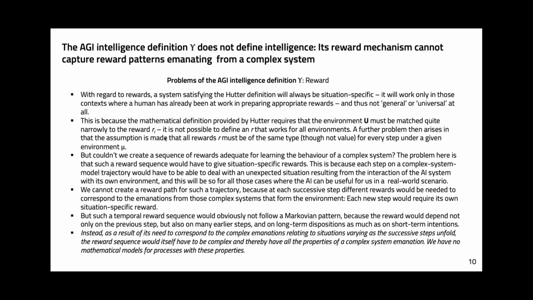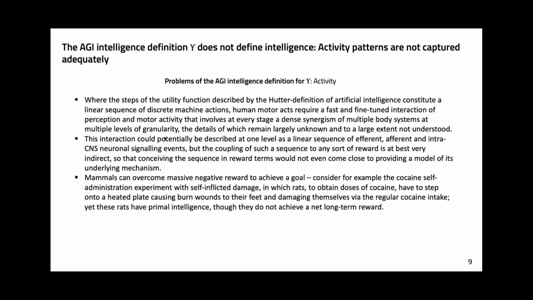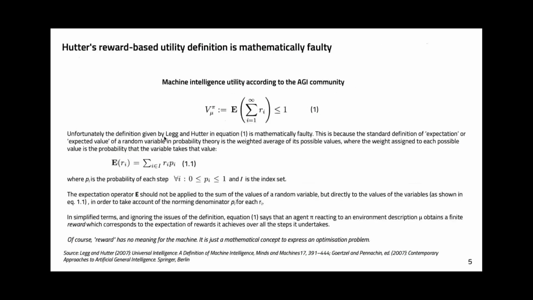Also, a further problem arises in that the assumption is made that all rewards of one agent must be of the same type for every step under a given environment. So if we go back to the equation, R is only indexed by the step, but it cannot change its type, otherwise it would need a second index.